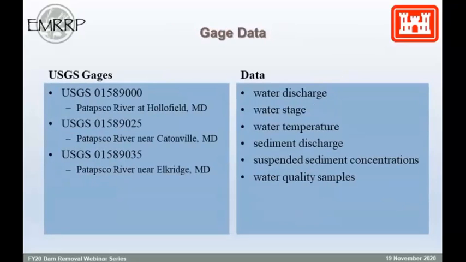There are also 3 USGS gauges. One is located at Hollofield, Maryland, which is upstream of the study reach. The USGS gauge located at Catonsville, Maryland is right downstream of the former Simkins Dam location.